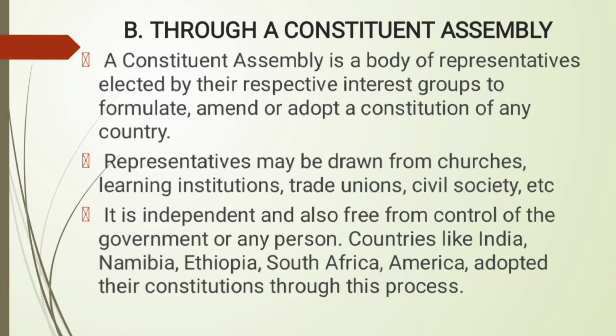It is independent because it's just representatives drawn from different institutions, trade unions, civil society organizations, so that they can go and amend or adopt the constitution of a country. So it is free from control of the government. Countries like India, Namibia, Ethiopia, South Africa, America adopted their constitution through this process. I hope we are moving together.